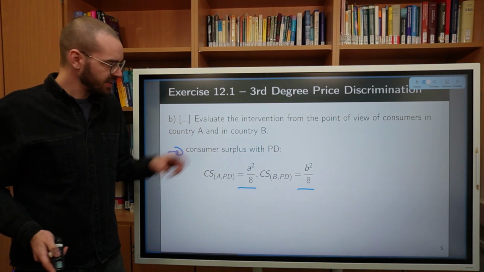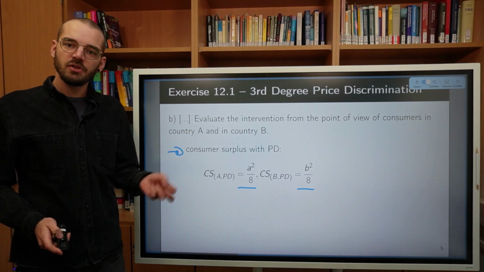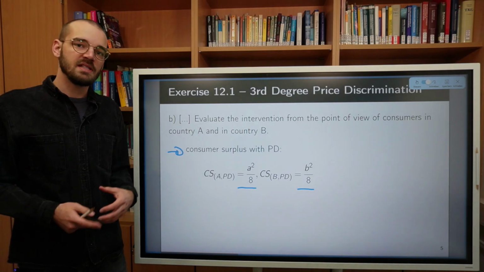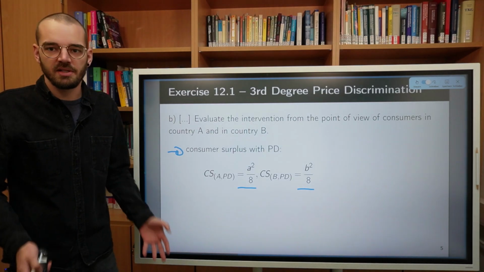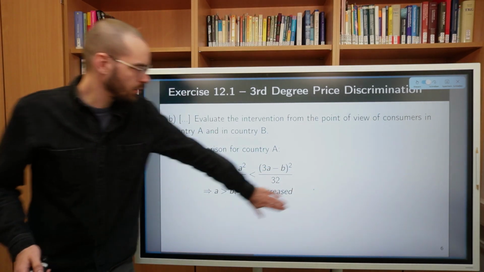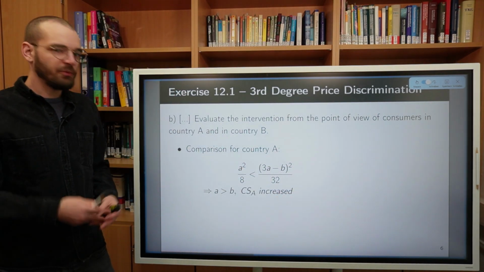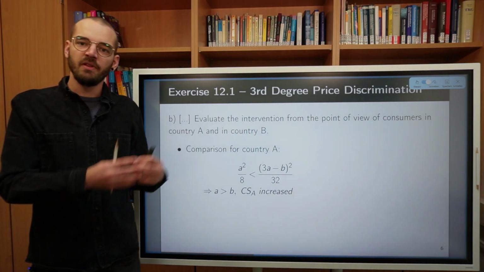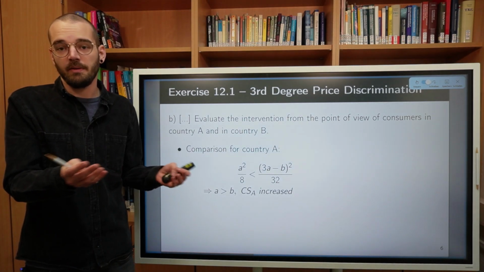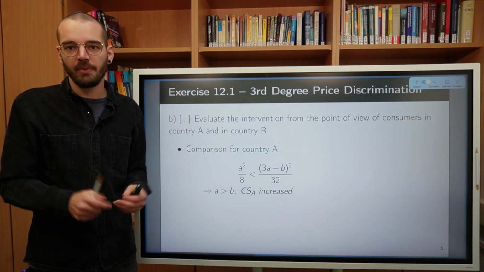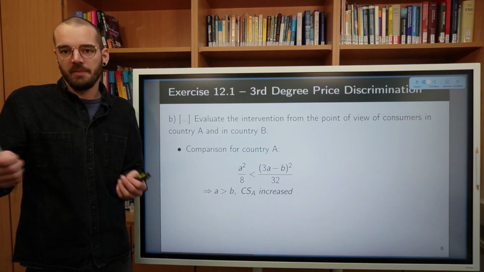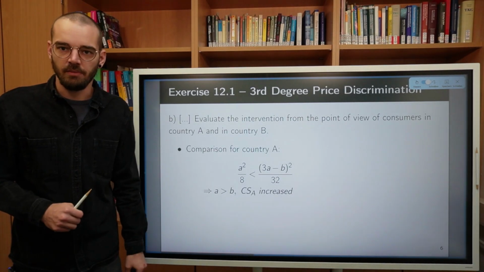All right, and now this we want to compare with the consumer surplus under this new law regime where the monopolist is by assumption no longer allowed to discriminate in prices. So we are now comparing for each country respectively the old consumer surplus from task A, so with price discrimination, to the new consumer surplus from task B without price discrimination.